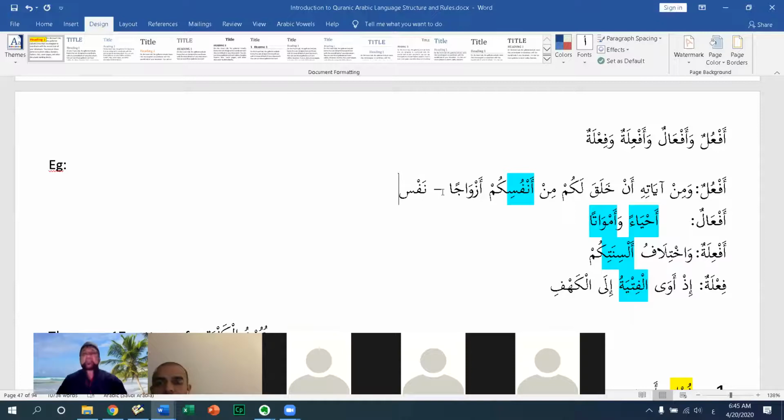If you look at the word nafsun, in the plural, which is anfus, do you still see the word nafs in its original form? No, you don't. So the word nafs does not remain. Therefore, we call this jam'u taksir.